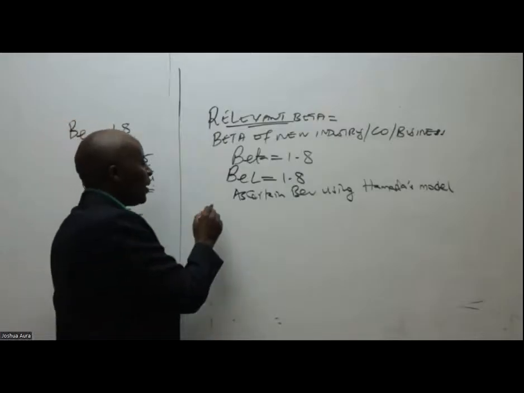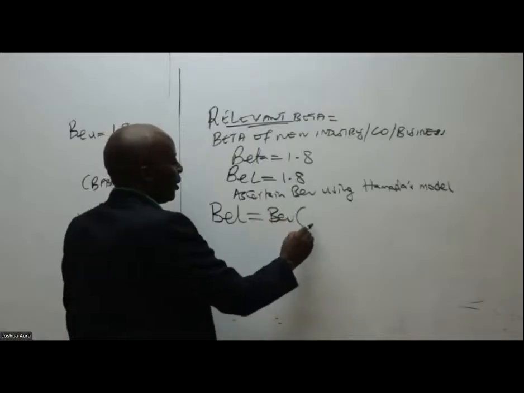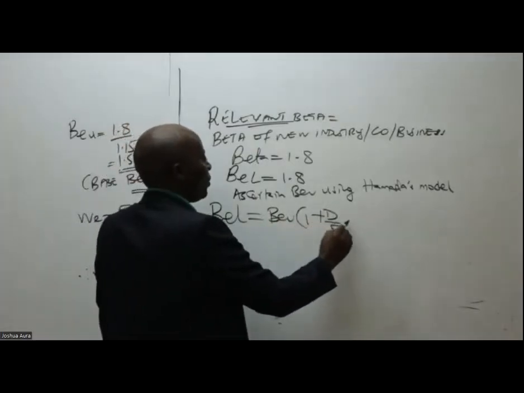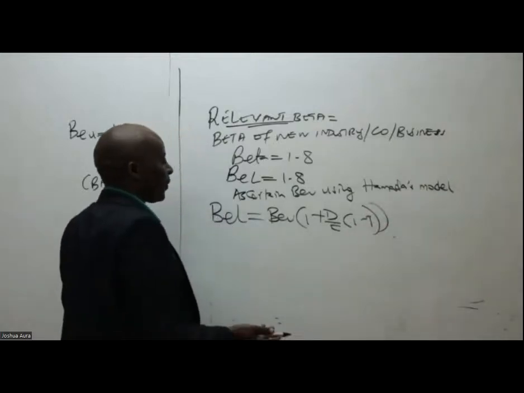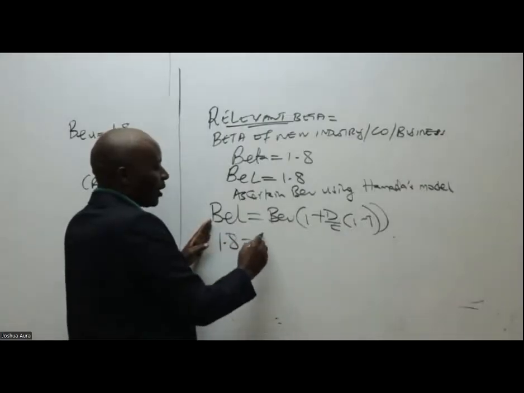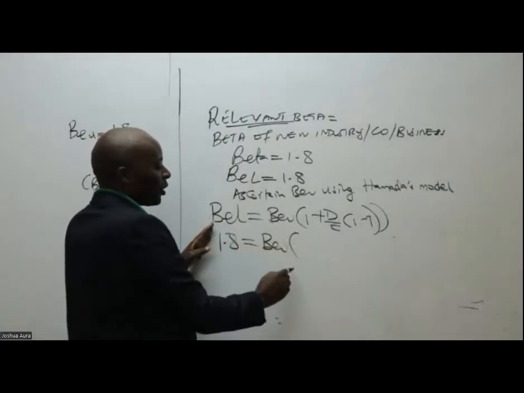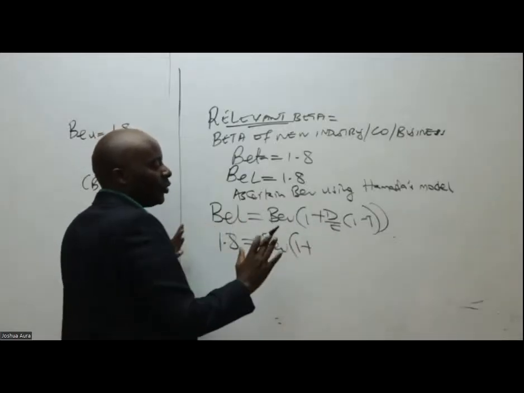So this is how Hamada's model looks: BEL equals BEU times 1 plus debt to equity ratio times 1 minus tax. Whatever we have here is our BEL, 1.8. BEU is what I'm looking for. Remember, everything here is about the new business, the new industry.